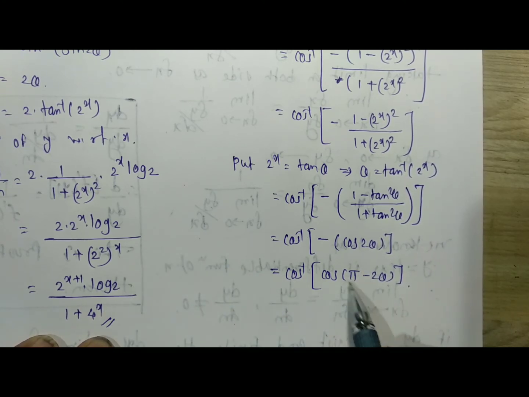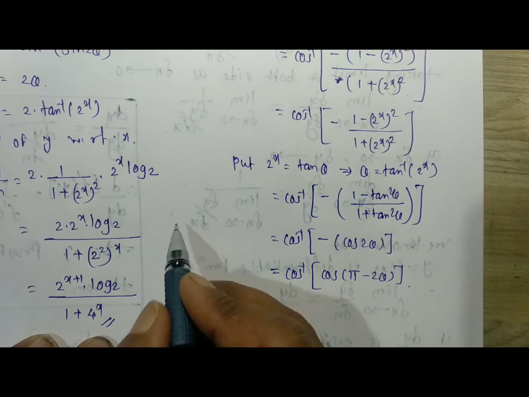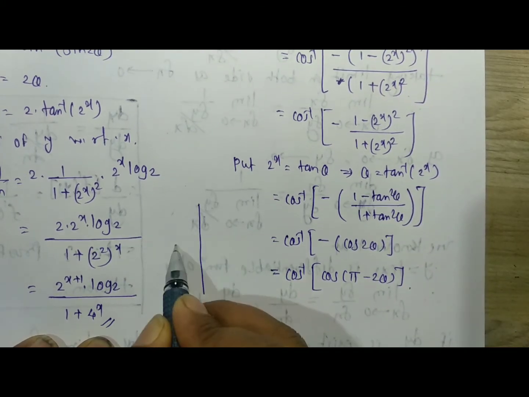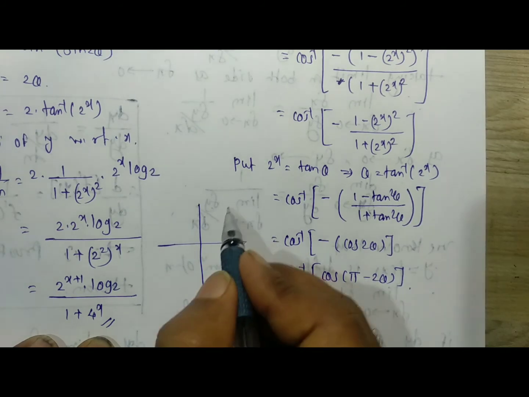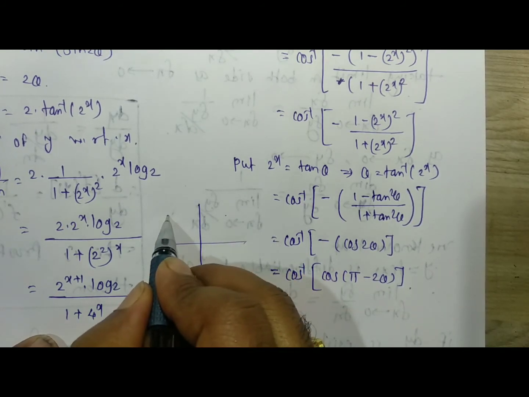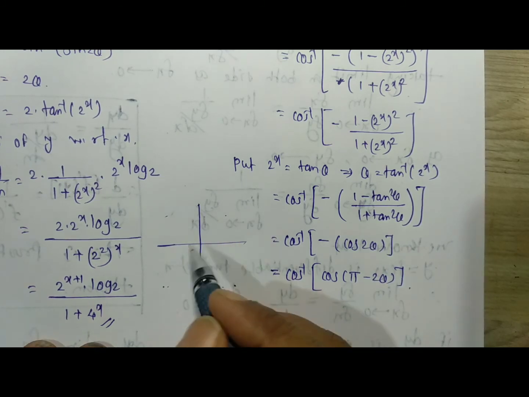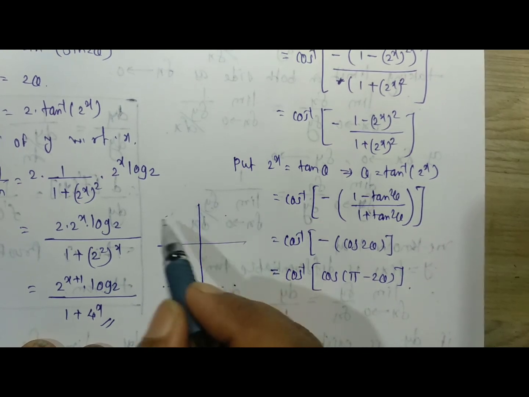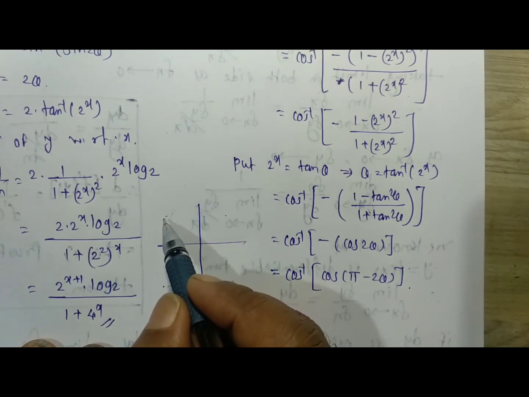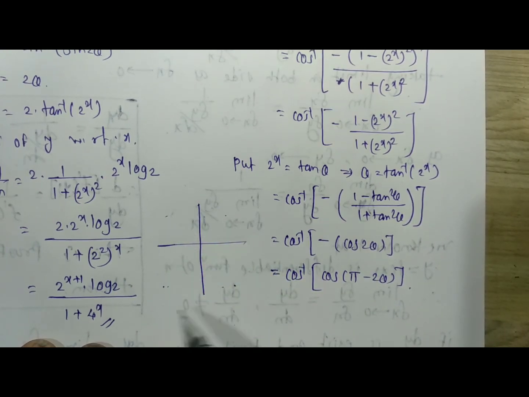Pi minus 2 theta, because we know that here we have to use the full angle formula. In the first quadrant all ratios are positive, in the second quadrant the sine ratio is positive, in the third quadrant the tan ratio is positive, and in the fourth quadrant the cos ratio is positive.